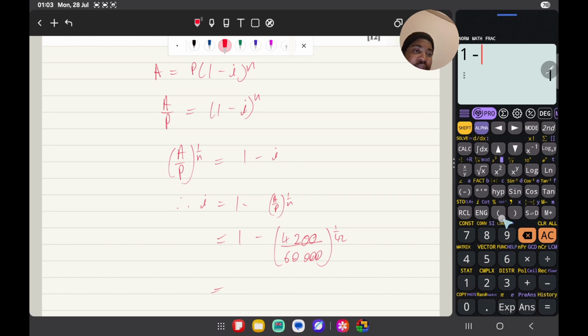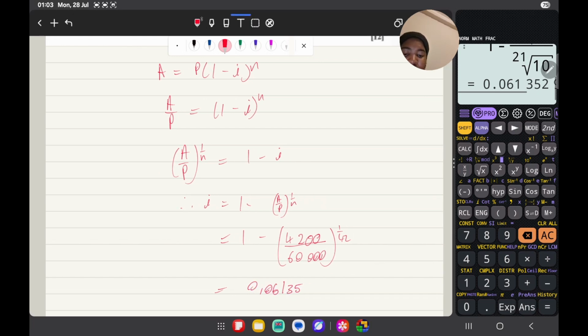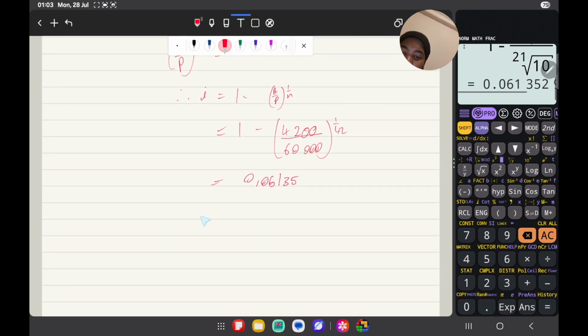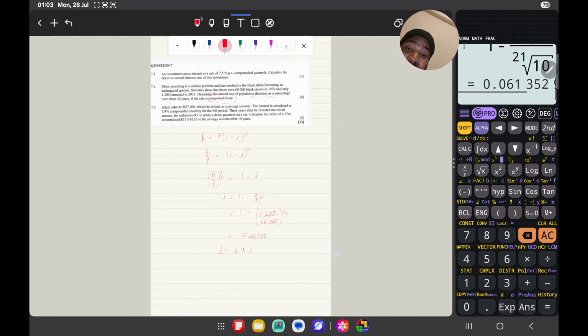So as a percentage rate, it's going to be 6.14%, yeah, 6.14%. Cool, let's move on.